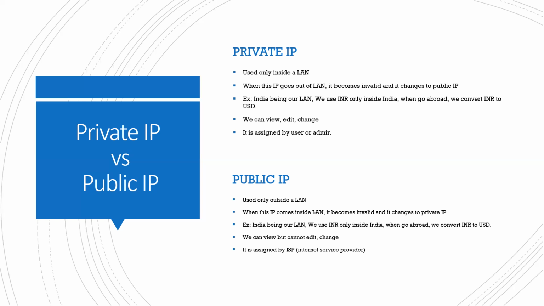The purpose is to enable direct access to devices over the internet. So who assigns this public IP? Typically it's assigned by the internet service provider. The scope of a public IP address is globally unique and routable.